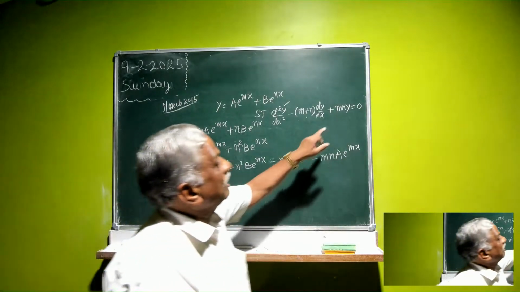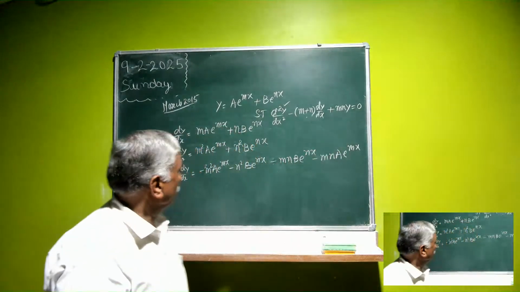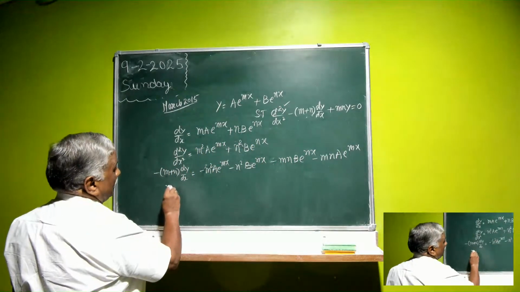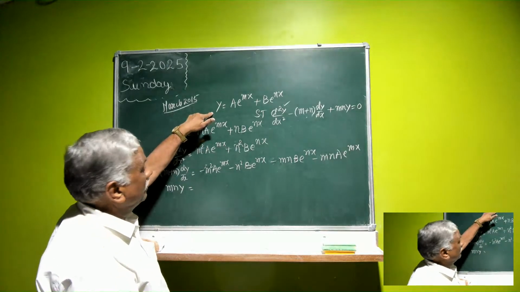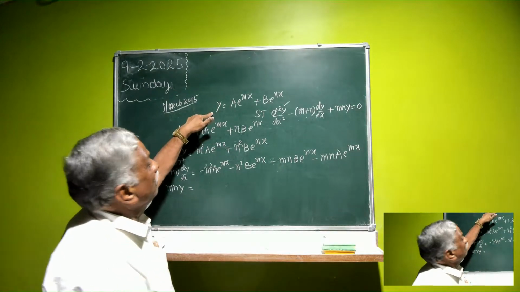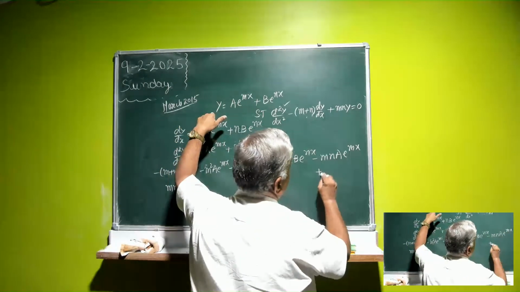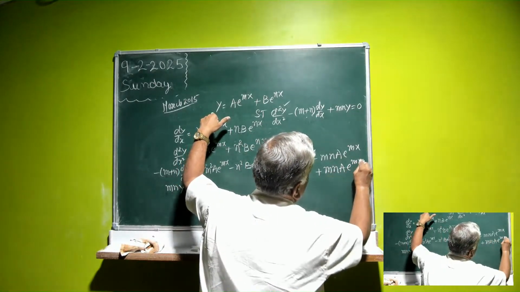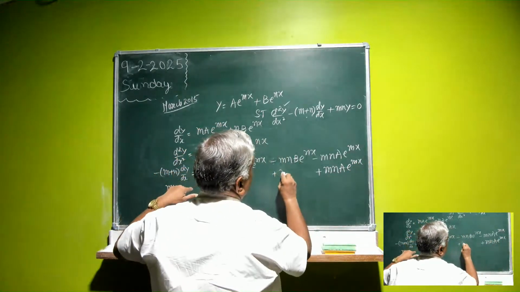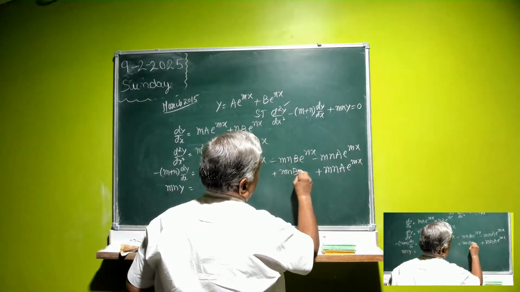Now I have got to multiply y by mn. So mn into y. So this is y. When I multiply mn into y, the first one I am going to get is mn a e to the power of mx. I write here. Similarly, plus mn b e to the power of nx.